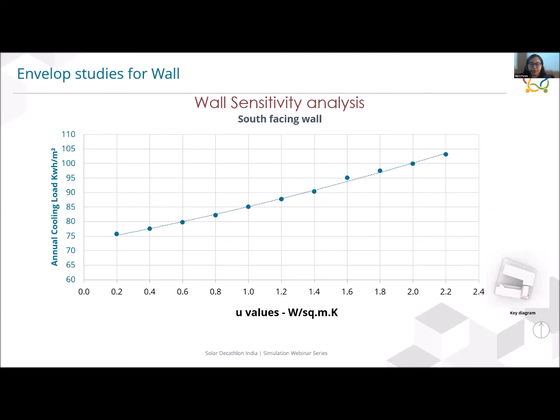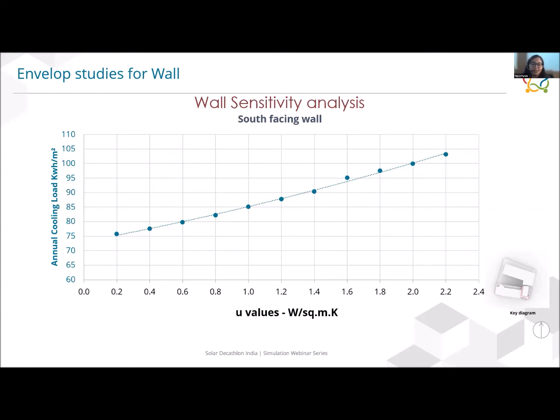Just for reference, a typical brick wall would have a U value of 2.2. However, to achieve a U value of 0.2 watt per square meter per Kelvin, you would require 125 mm of XPS insulation. So there is again addition of cost here. So this sort of study helps.